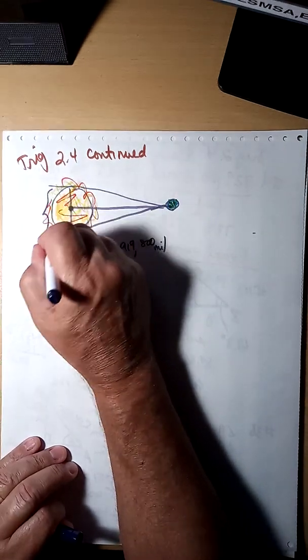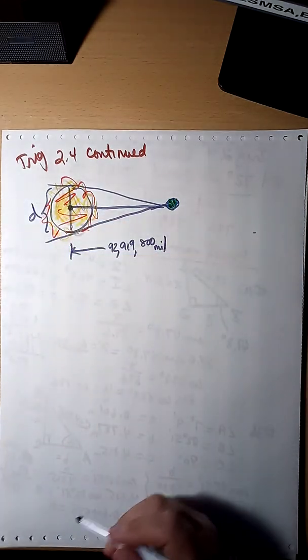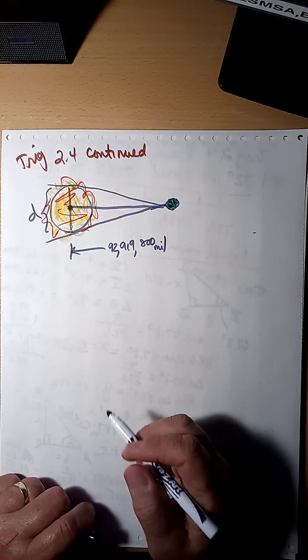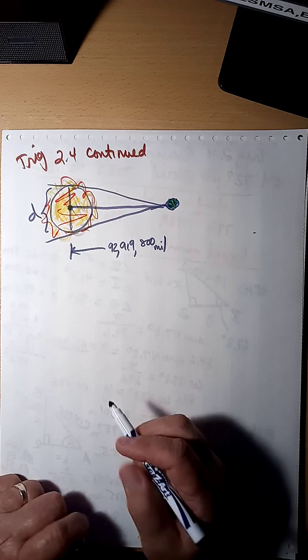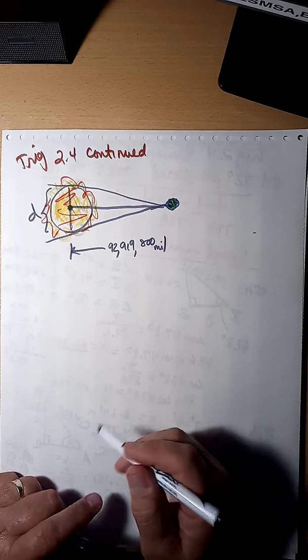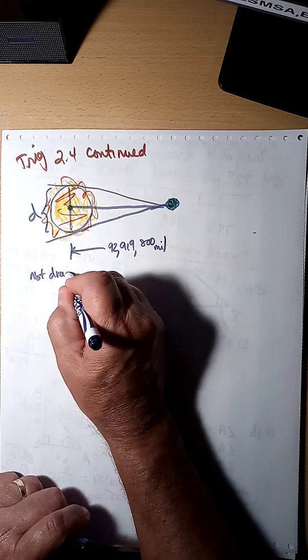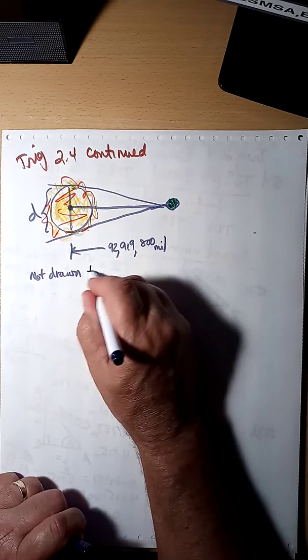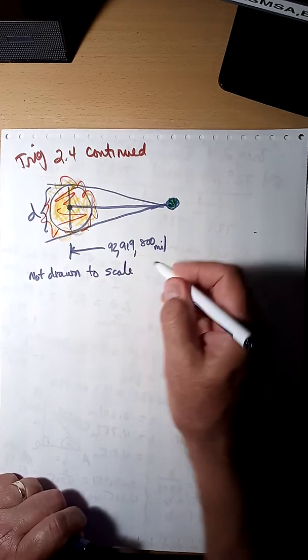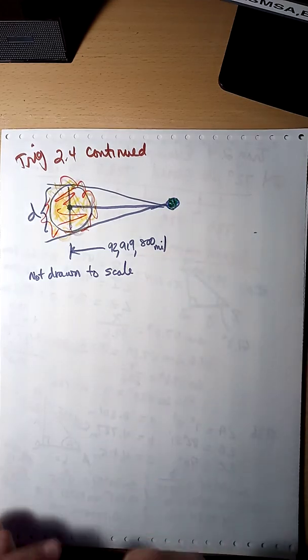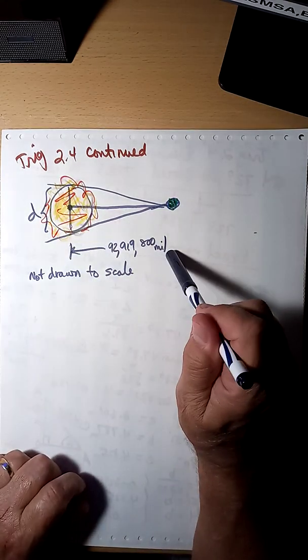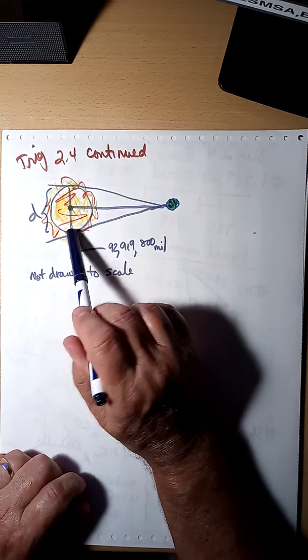What is this distance, that diameter? And what I want to emphasize is that this is not drawn to scale, okay? In case you were wondering. So if we know this distance and we know that, how do we find this?